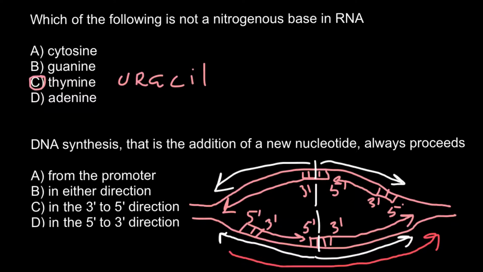Once again the growth would be only from the 5' end to the 3' end. So the same new strand of the DNA can be a leading strand and a lagging strand, just in relation to the origin of replication.